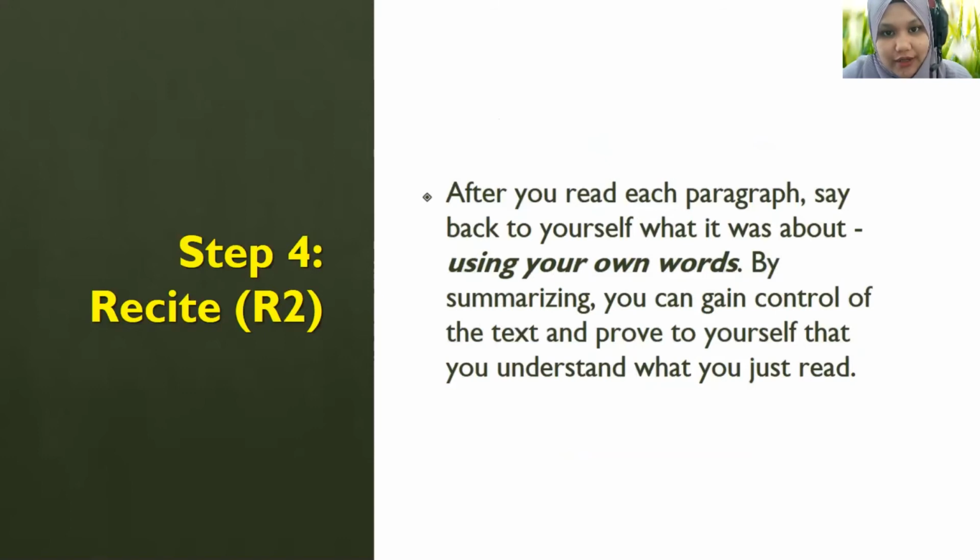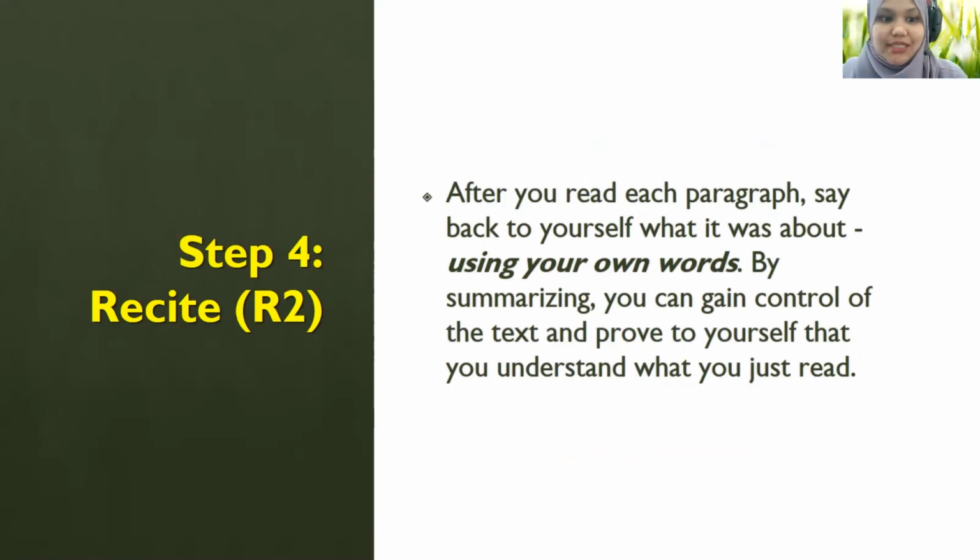Next, recite. After you have done reading each paragraph, you need to say back to yourself what it was about using your own words. Okay? And then, all right. So by summarizing, you can actually gain control of the text. What does it mean, gain control of the text?